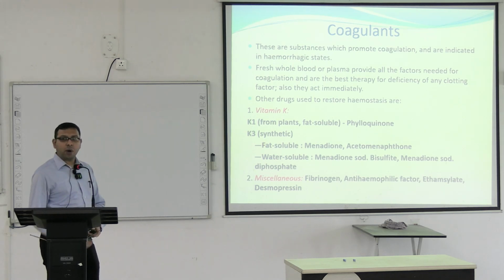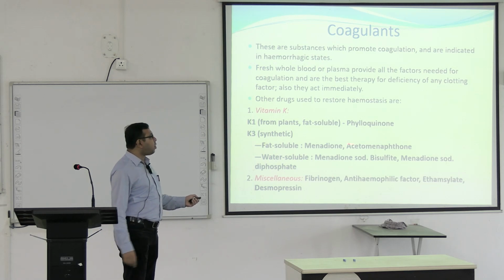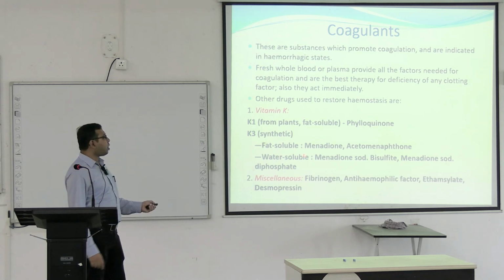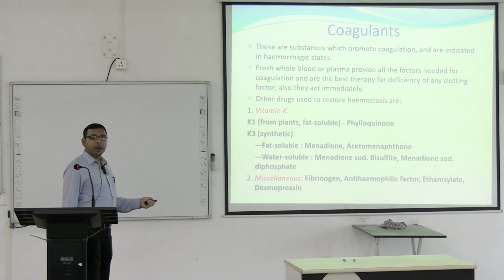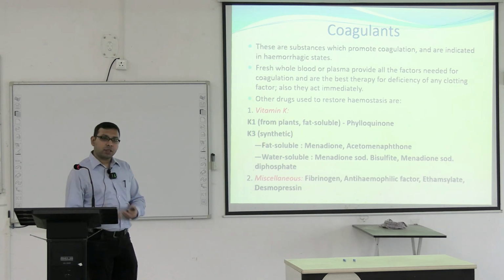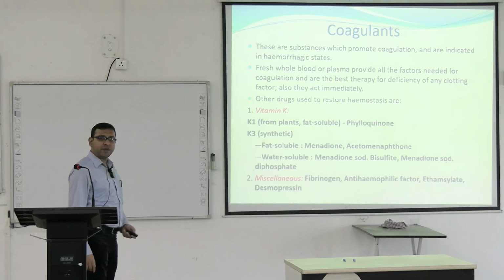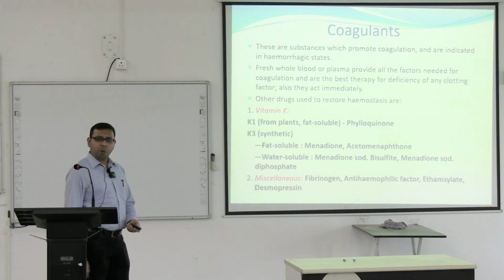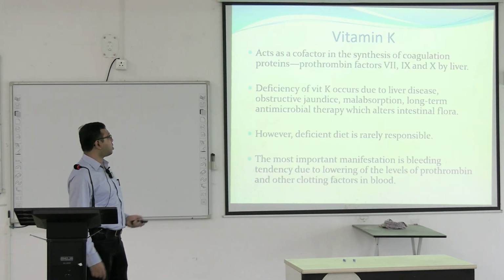K3 is the synthetic one that may be fat soluble or water soluble. Example of fat soluble is menadione and acetomenaphthone, and water soluble is menadione sodium bisulfite, menadione sodium diphosphate. Apart from vitamin K, there are some other coagulants used, like fibrinogen itself, anti-hemophilic factor, ethamsylate, very commonly used, and desmopressin. So these are the coagulants.